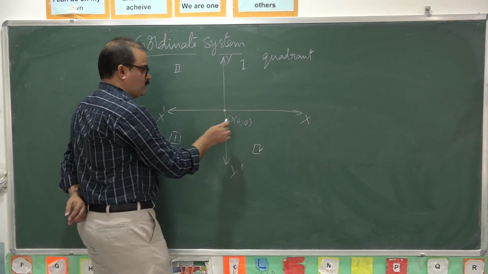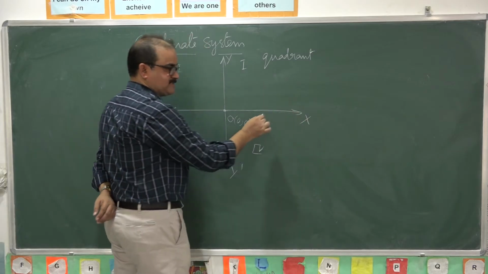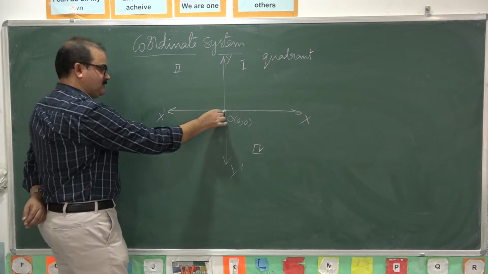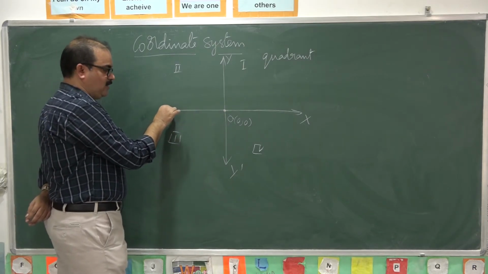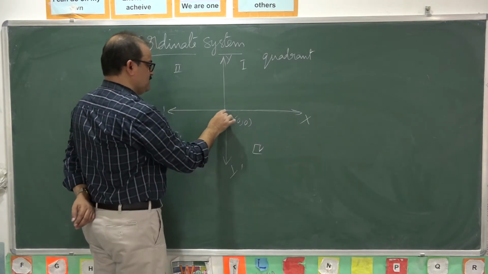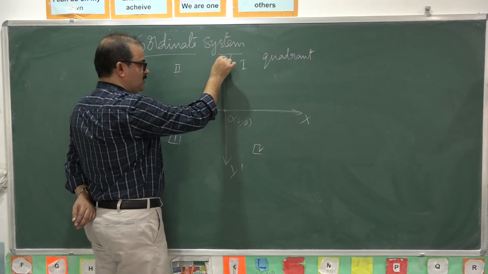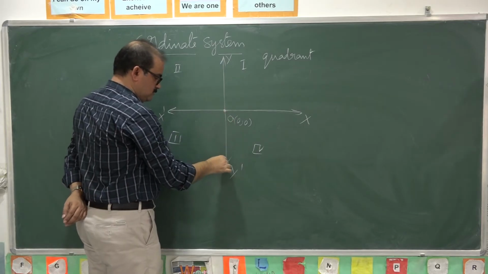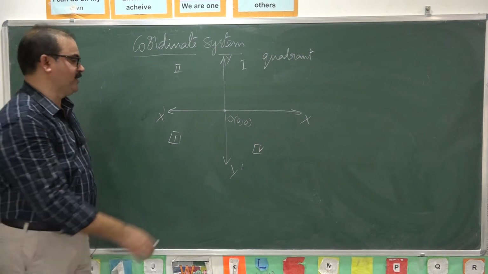Now this is called positive direction of x-axis or positive x-axis. This is called negative direction of x-axis or negative x-axis. This is called positive direction of y-axis or positive y-axis. This is called negative direction of y-axis or negative y-axis.